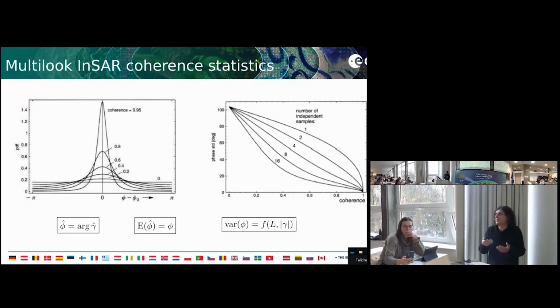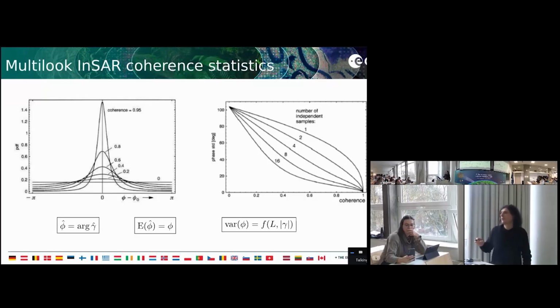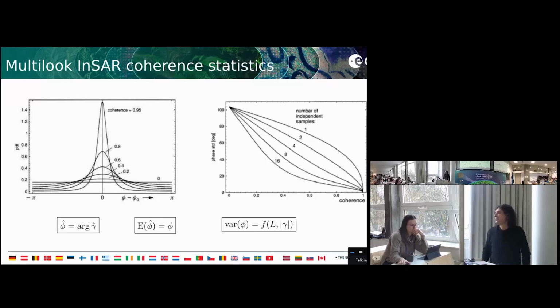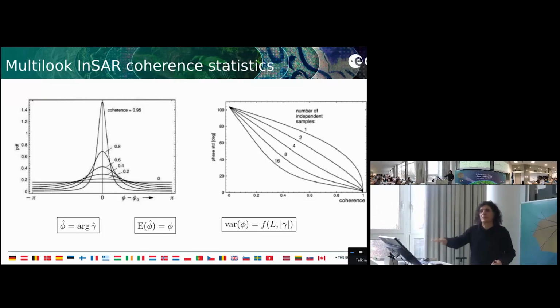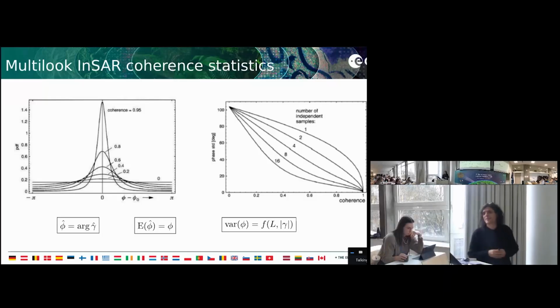This is a very common reason. Over the Amazonia, for instance, you may have flooding between two acquisition dates, and in this case, the scene changed. The nice thing, Kostas showed it last week, is that after the flooding, you get coherence back with the first image. Physics is really strange.